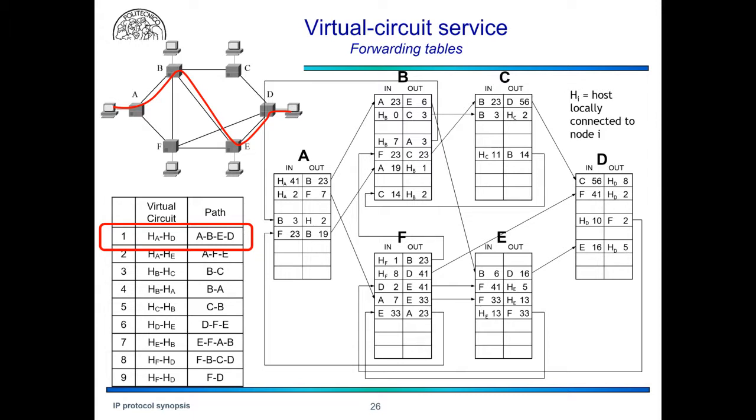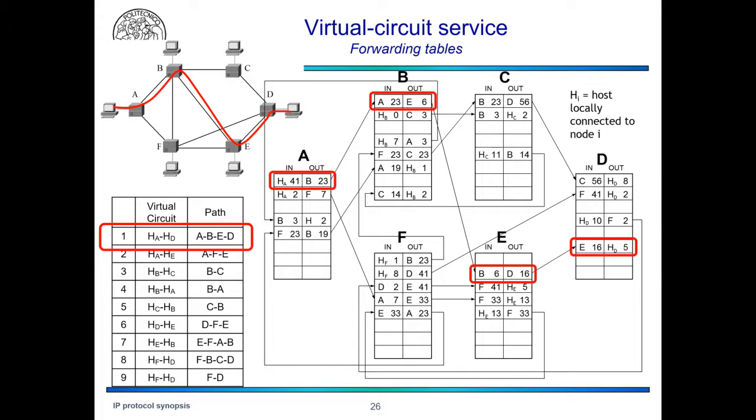operation. So, for example, here you see that this virtual circuit starts at node A, where the node receives packets from the interface that is connecting with its local host, host A. And packets that are coming in have virtual circuit identifier 41. So by the pair input interface and virtual circuit identifier, A is able to identify a specific row in the table.